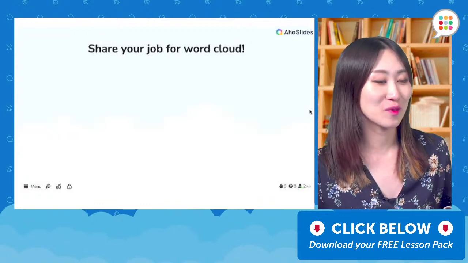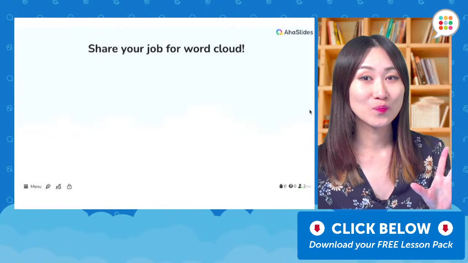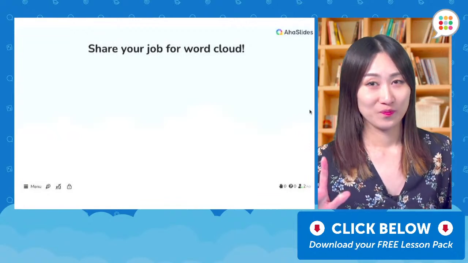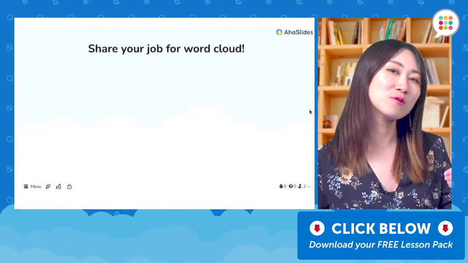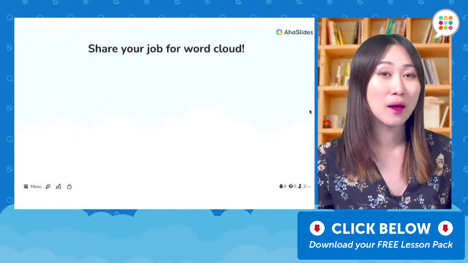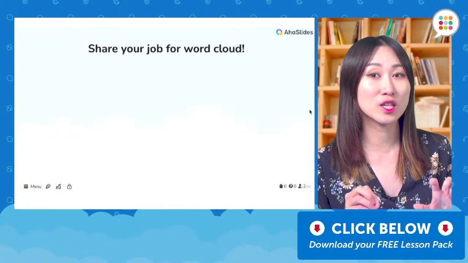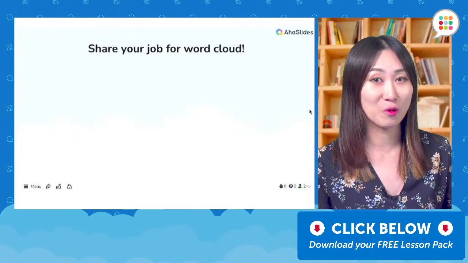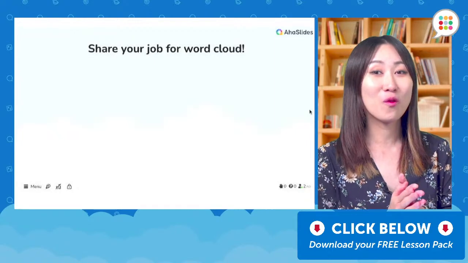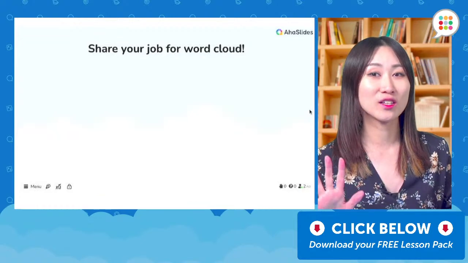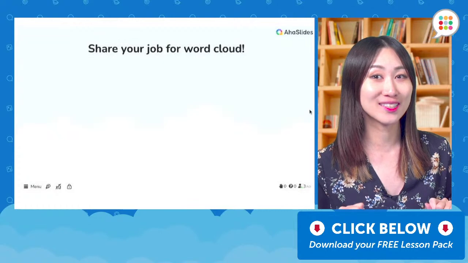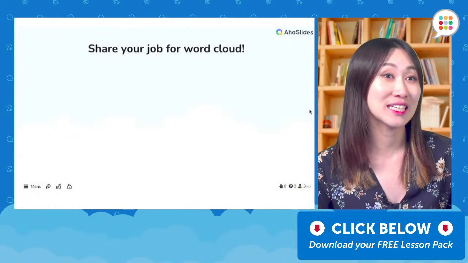That will be awesome. And also, if you care about your privacy, I understand that. So you don't have to write down your real job, but please write down the jobs that you want to know in Korean, or your dream job, or any jobs that you often see in Korean drama. Anything is okay. Today's focus is to learn the Korean job-related words.